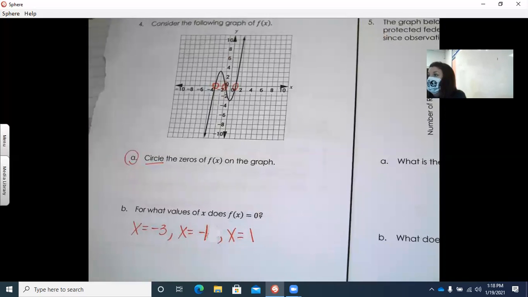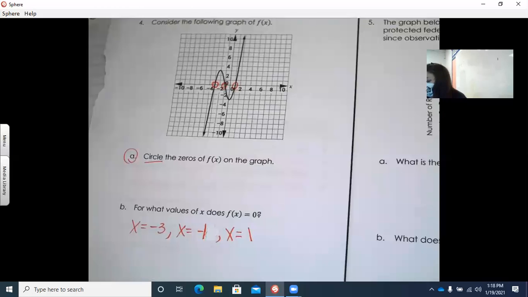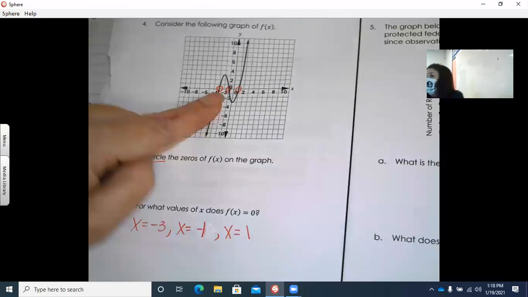So it can either occur once, 3 times, 5 times, 7 times, 9 times, whatever. They didn't give me what this polynomial is, so I don't know how many times it occurs. But I know that this x equals -3 cannot have a multiplicity of 2.